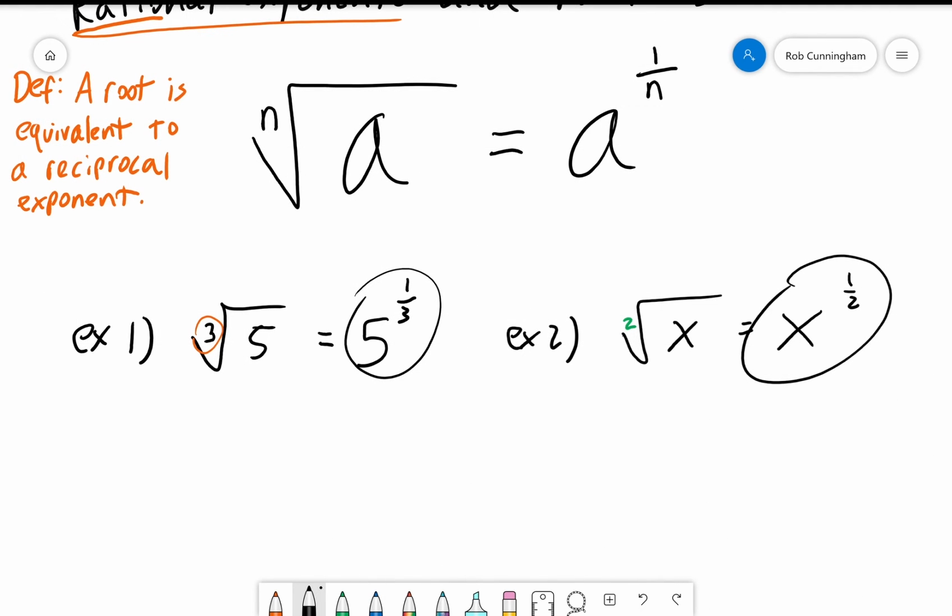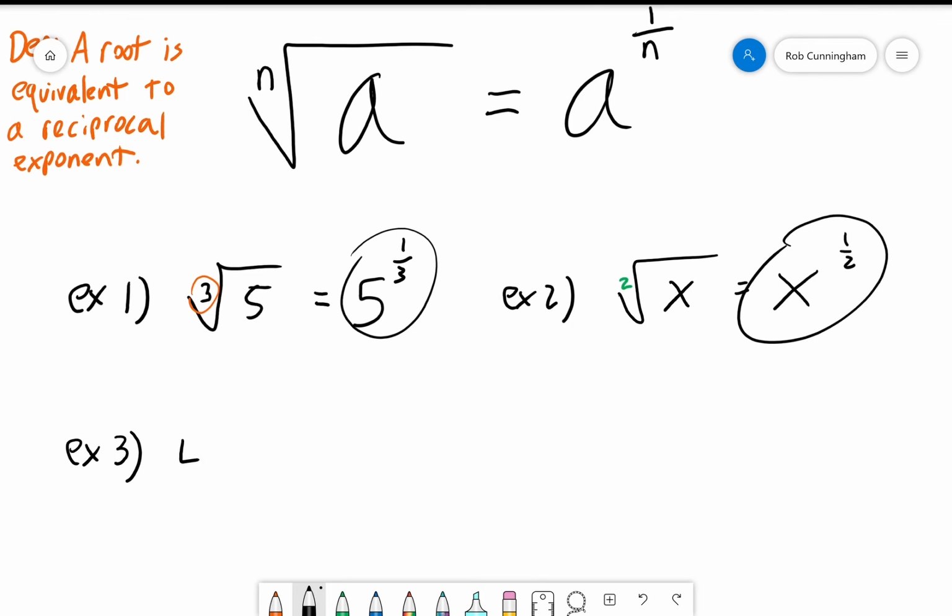Now what if you have something like, let's say 4 to the 3rd power, and we've got the square root of that? Well, it still works out the same way, yes? It would be 4 to the 3rd power, except instead of square root, we're going to put to the 1/2 power.